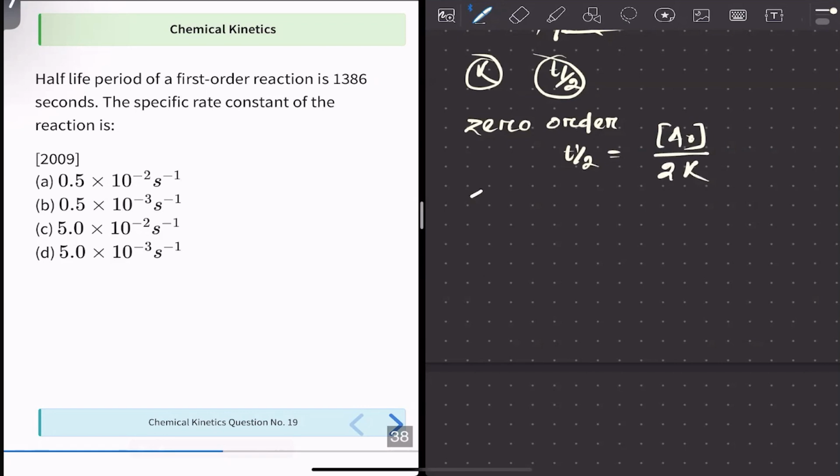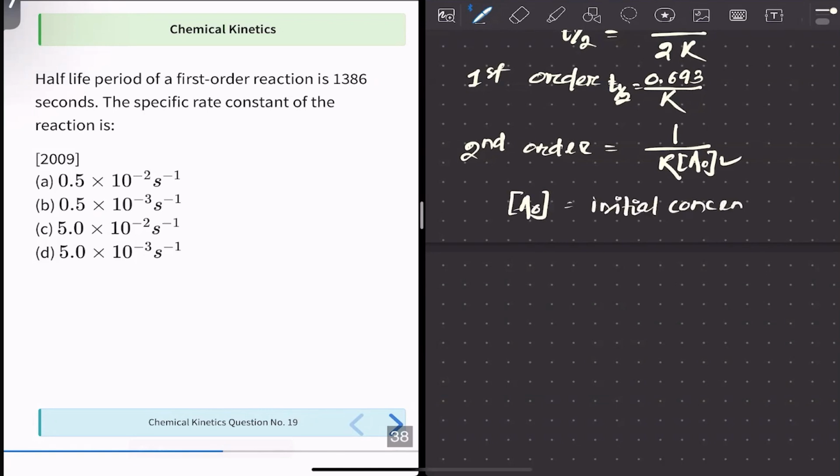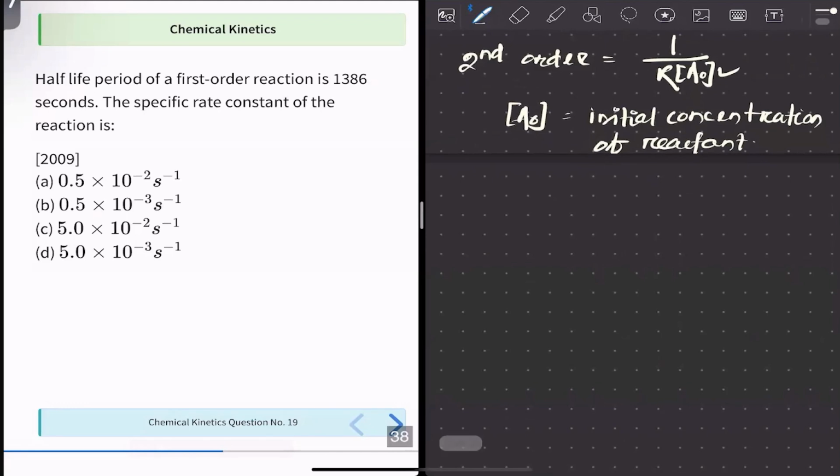For first order, we know it is 0.693 divided by K. For second order, it will be 1 by K A naught, where A naught means the initial concentration of the reactant. Got it? So option B is correct.